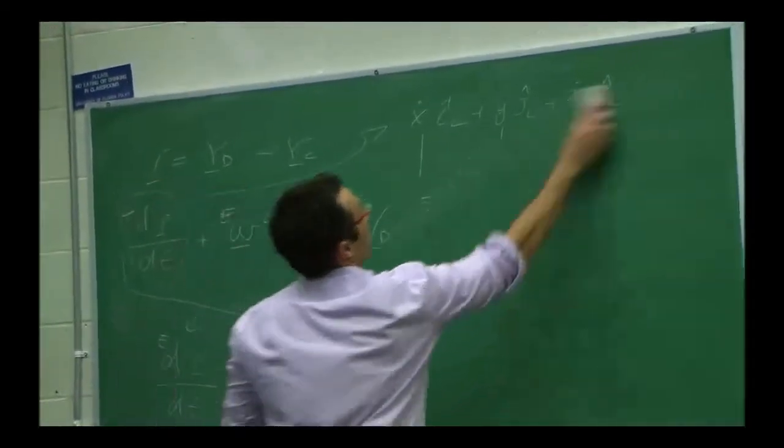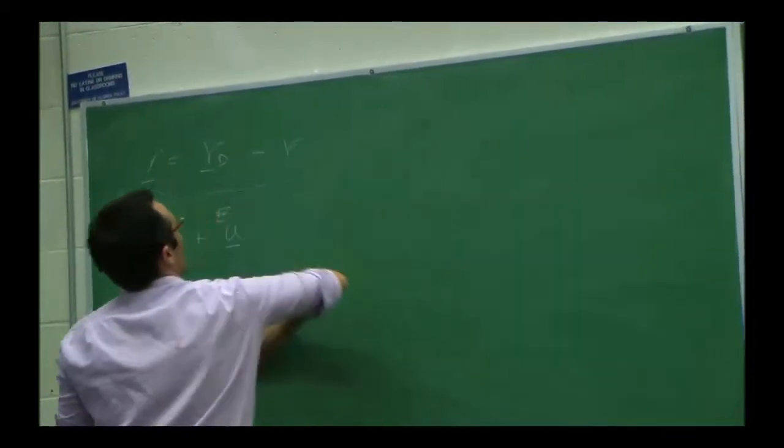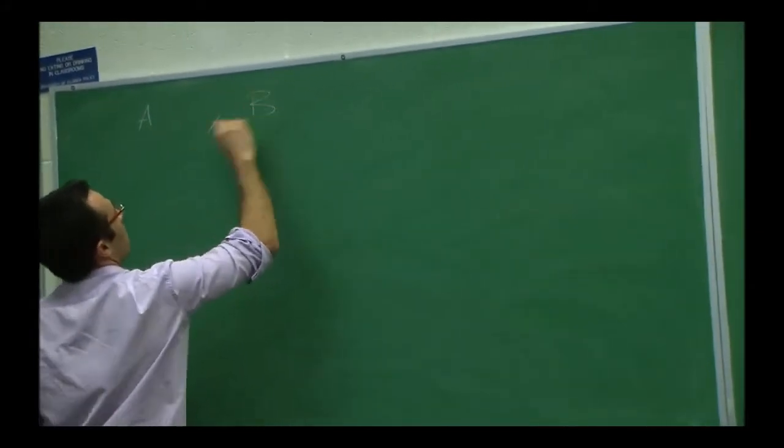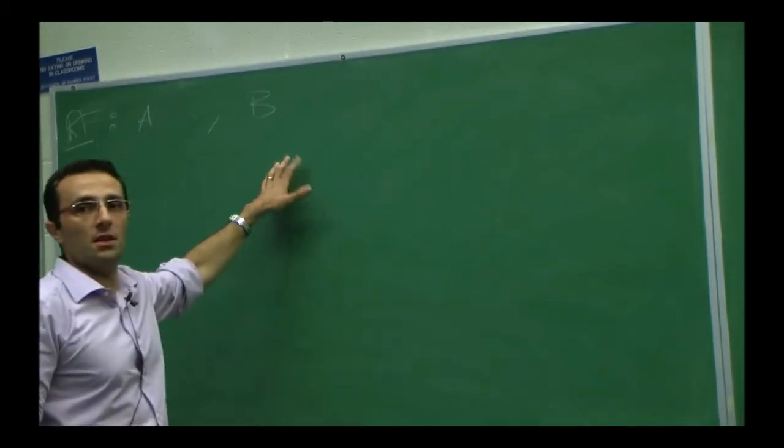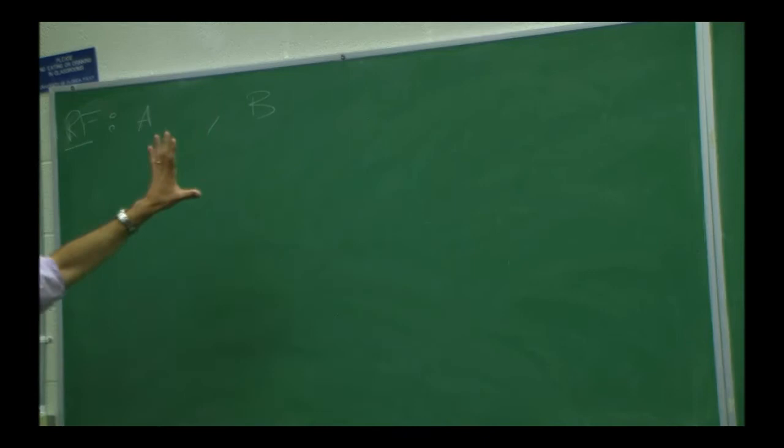Yes, but let me take one step backwards. This is an important point. If you have a vector, say that you have a reference frame A and a reference frame B, and that's exactly what we have: a reference frame LVLH and a reference frame ECI. Make sense?